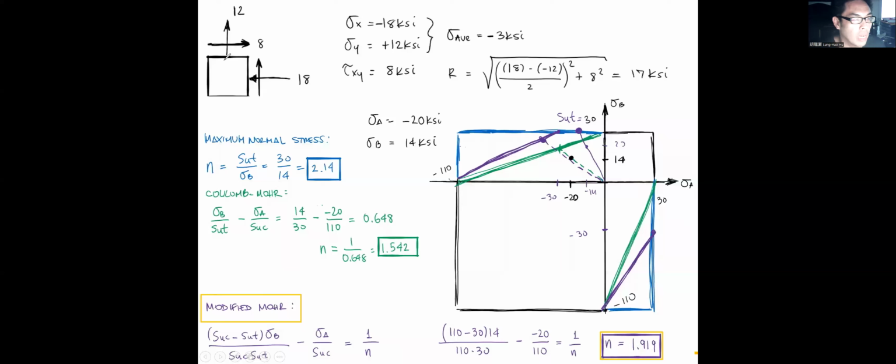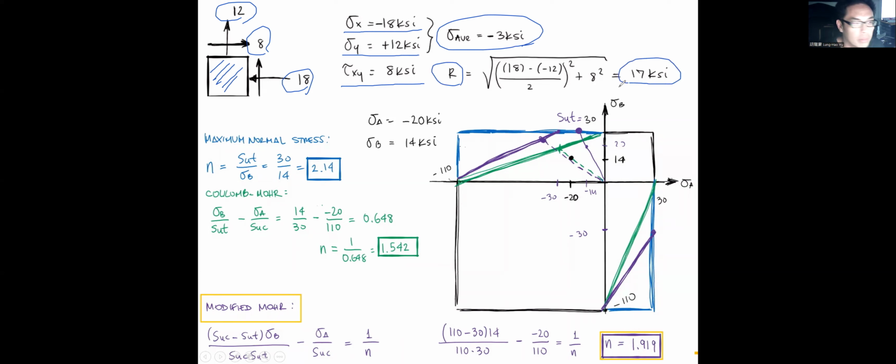And the second example is like this. The same, we have an element with tensile, compressive, and shear stress. Sigma x is minus 18, sigma y is 12, and tau xy equals 8 ksi. So the center of the Mohr circle is minus 3, and the radius of the Mohr circle is 17, right?